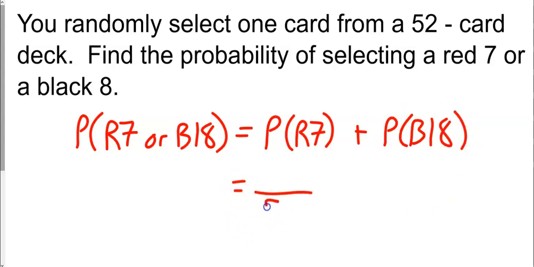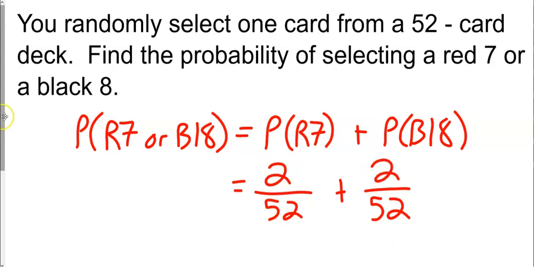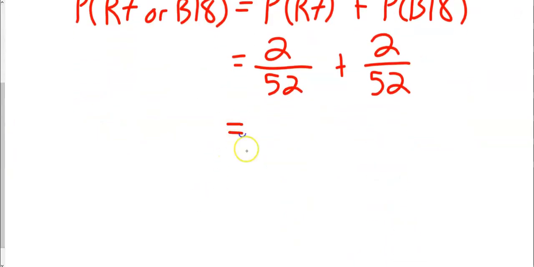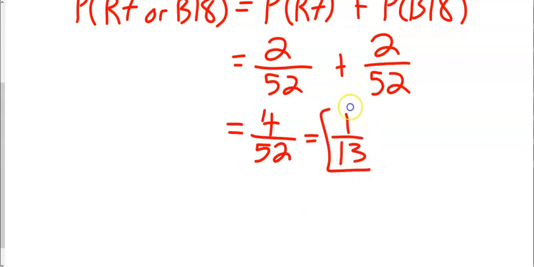So all these are out of 52 because there are 52 cards. There are 2 red 7s and 2 black 8s, which give us 4 out of 52. And that will reduce down to 1 out of 13 as the probability of drawing a red 7 or a black 8.